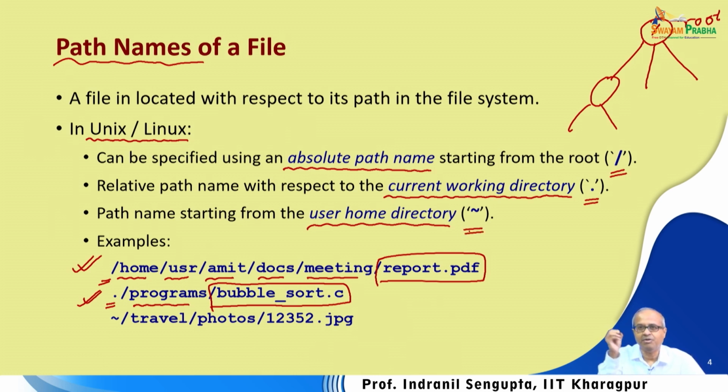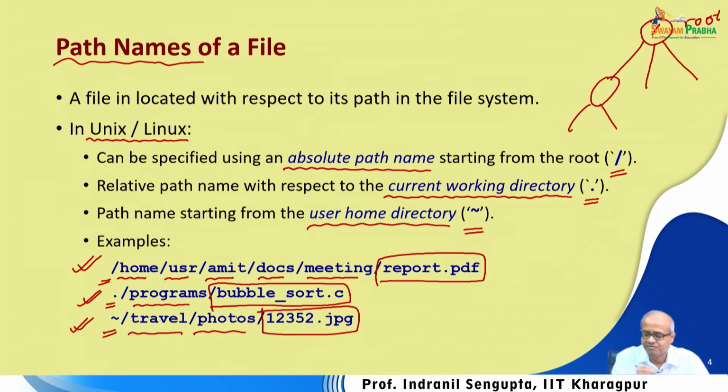The third example specifies that with respect to your home directory, this tilde, there is a folder called travel. Under travel there is another folder called photos. Under photos there is one file, 12352.jpg. So, like this you can specify the names of a file uniquely.